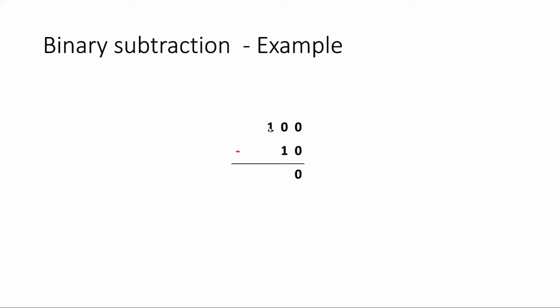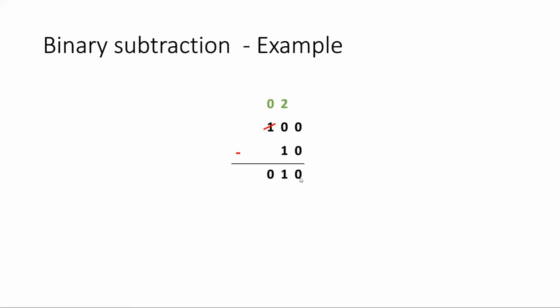So this 1 becomes 0. And we get a 2 here. It's like base 10 when we borrow. It's the same logic, just that the base is different here. So 2 minus 1 gives us 1. And 0 is simply moved down. So we have 0, 1, 0.